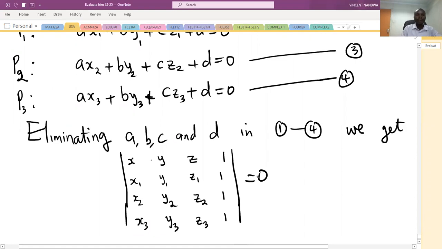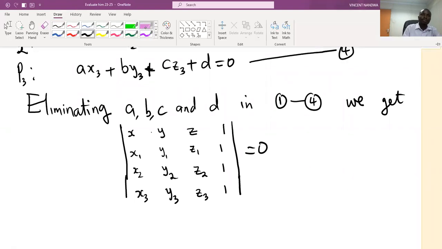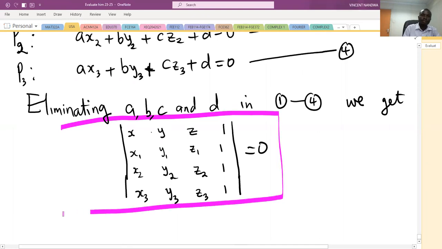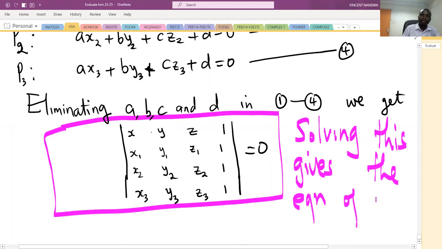So this is a property of linear algebra. Solving this determinant will give us the equation of the plane passing through the points P1, P2, and P3.